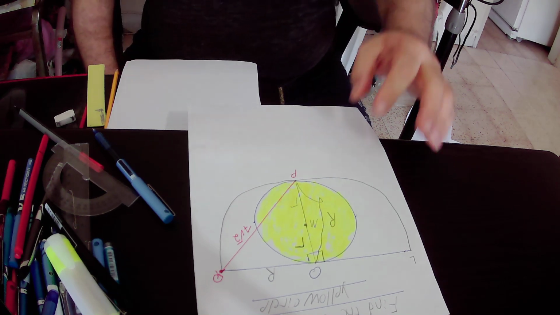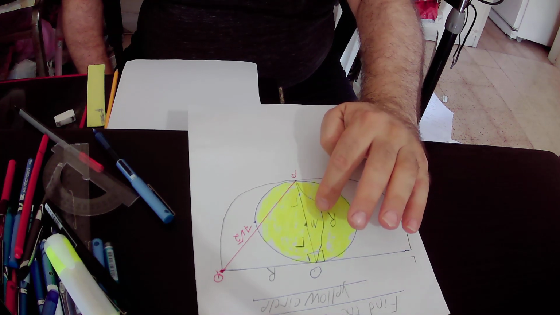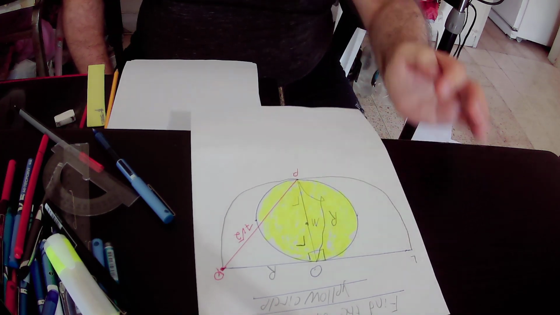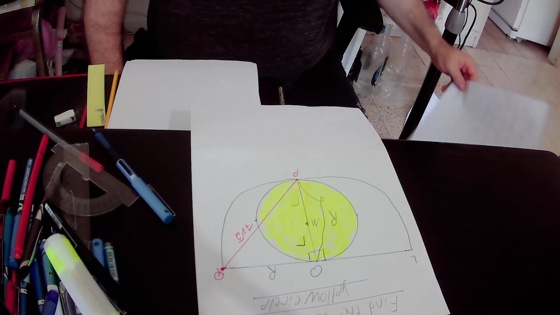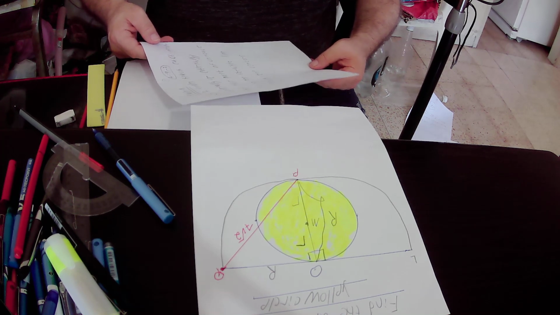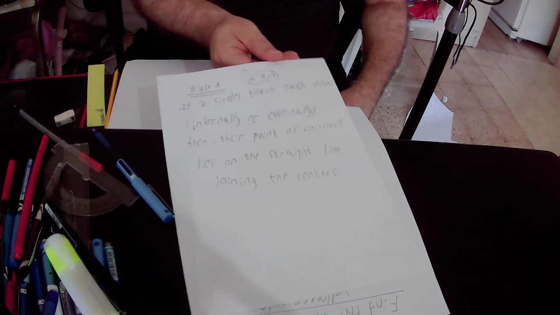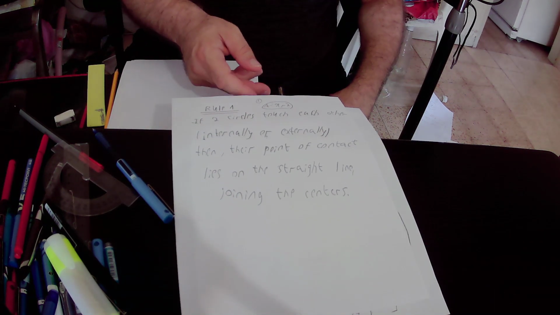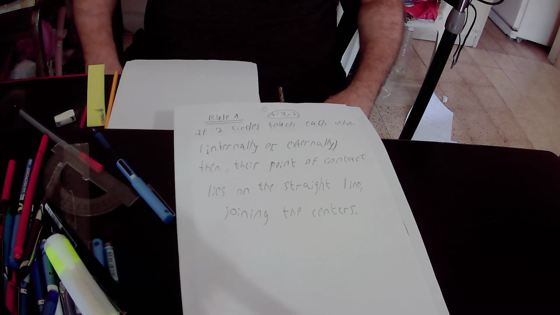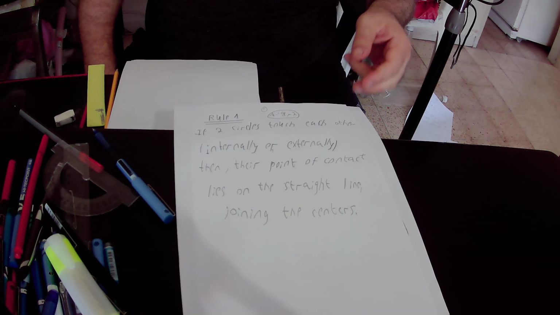So we connected points O and M, where M is the center of the yellow circle, and we have a rule, I called it rule number 1, that states that if two circles touch each other internally or externally, then their point of contact lies on the straight line joining the centers.